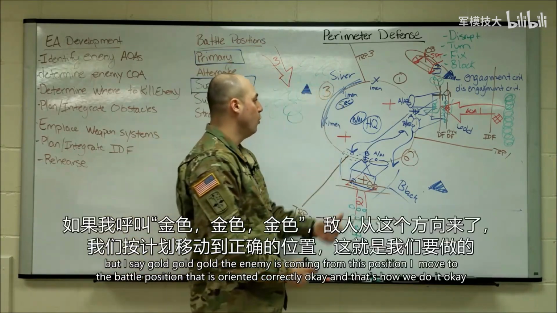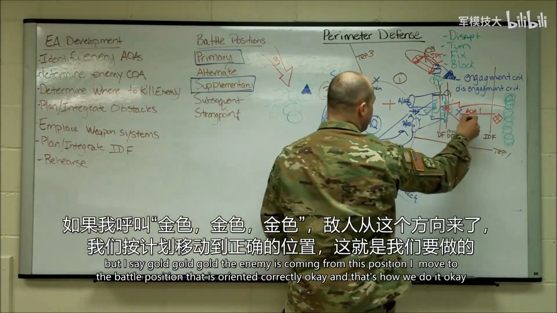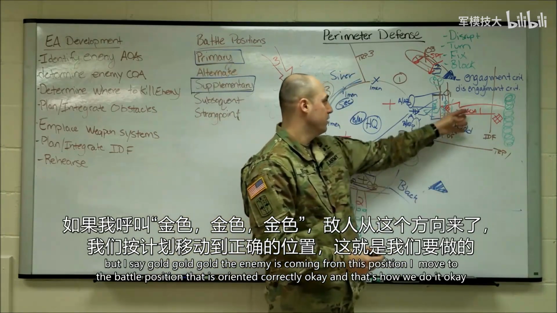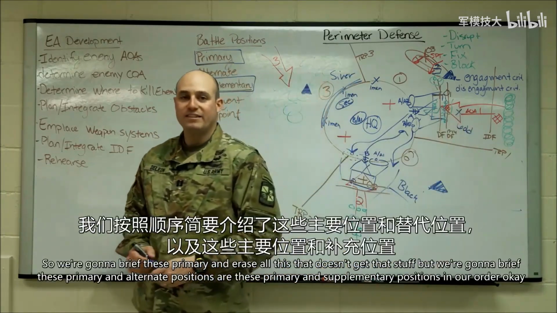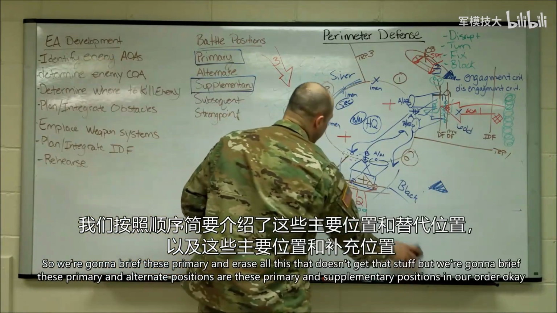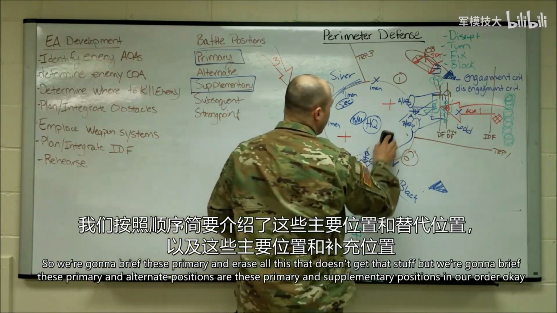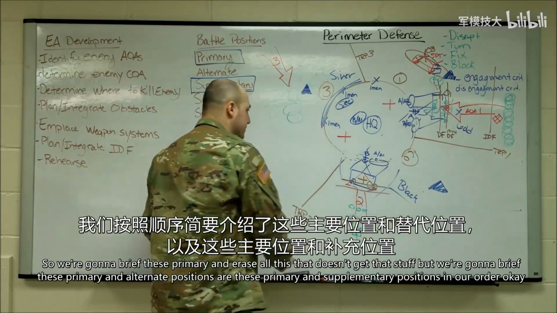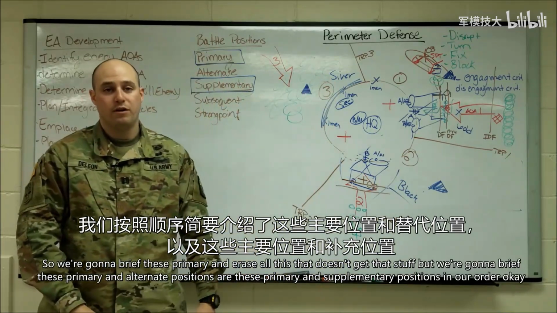If I say gold, gold, gold, the enemy is coming from this position, all right? Move to the battle position that is oriented correctly, okay? And that's how we do it, okay? So we're gonna brief these primary and alternate positions, or these primary and supplementary positions in our order, okay?